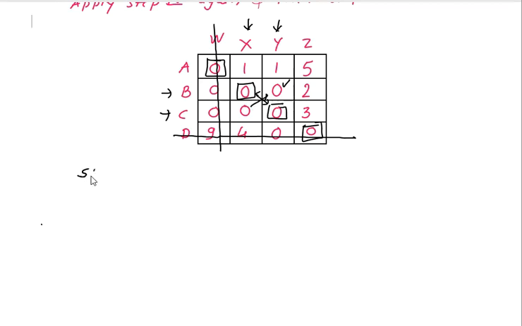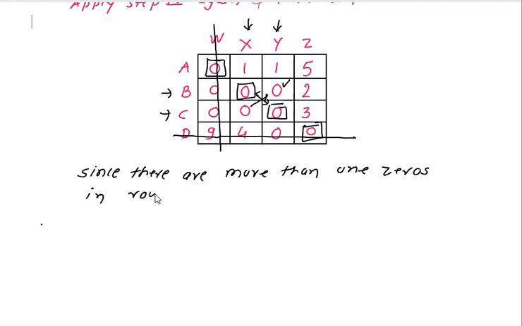Now since there are more than 1 zeros in row 2 and 3 as well as in columns 2 and 3, we get an alternate solution.